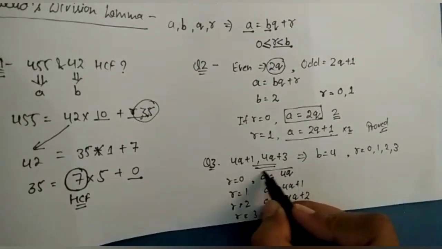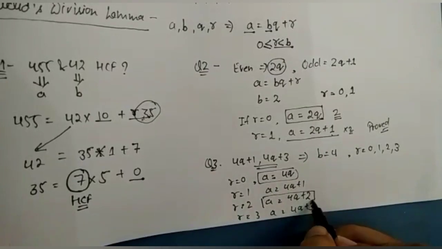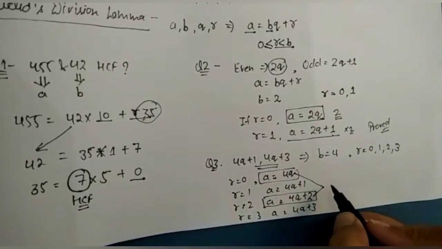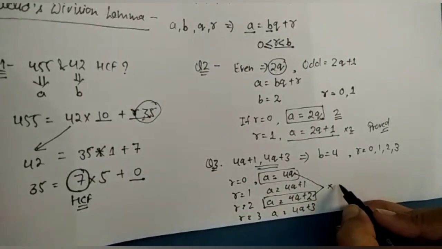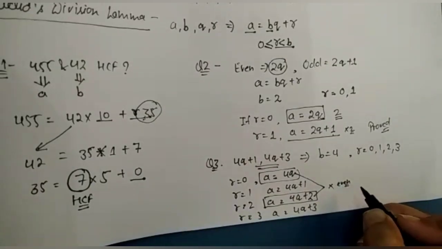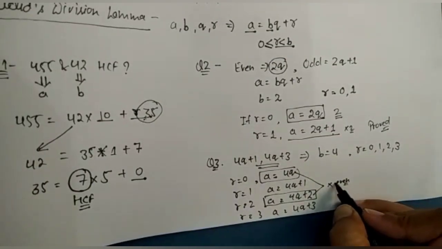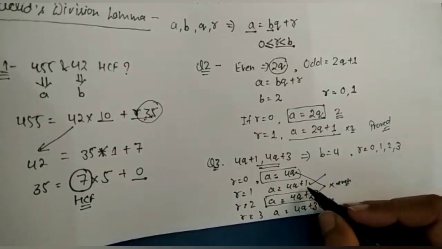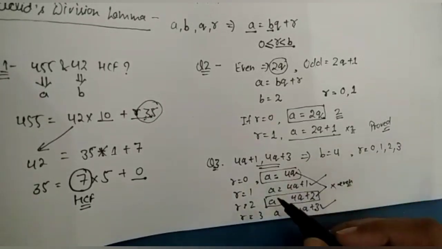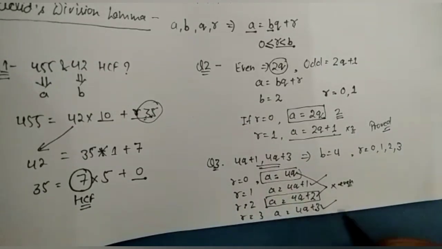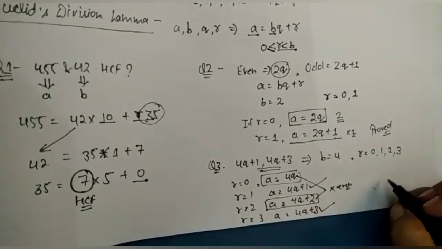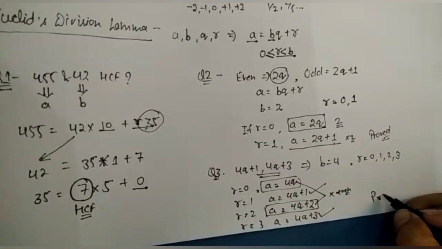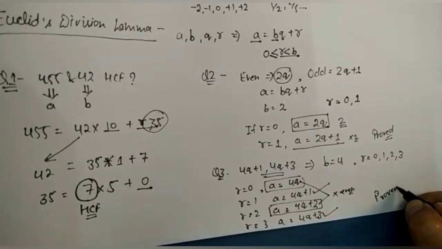For 4q and 4q plus 2, these are both divisible by 2, so these cannot be odd, these are even. So we will exclude these two and include 4q plus 1 and 4q plus 3. So it is proved that for an odd integer we get the form 4q plus 1 and 4q plus 3.